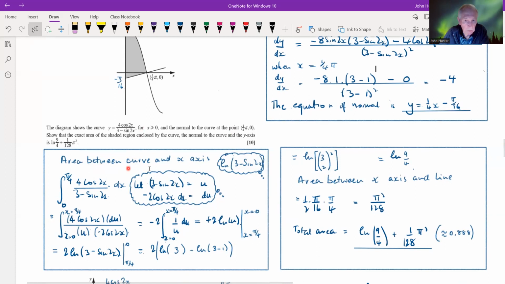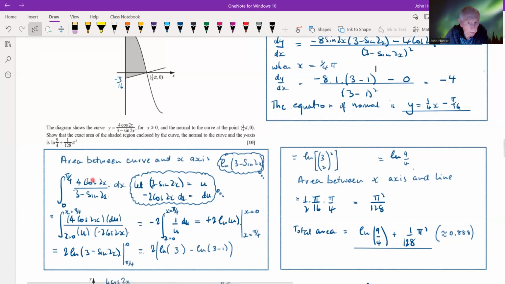So the area between the curve and the x-axis is given by this integral as we integrate the function between 0 and pi by 4. There we go. dx, we're basically summing all the infinitesimally small strips between the x-axis and the curve.